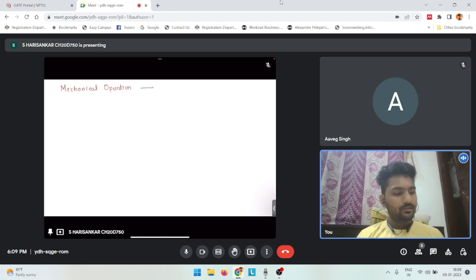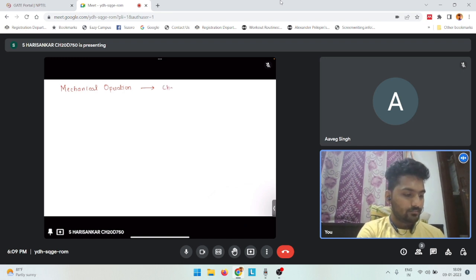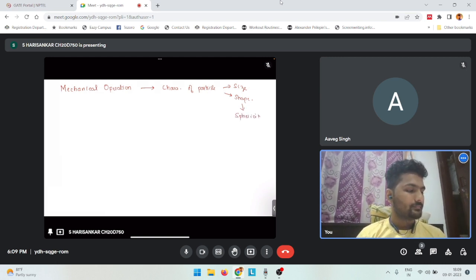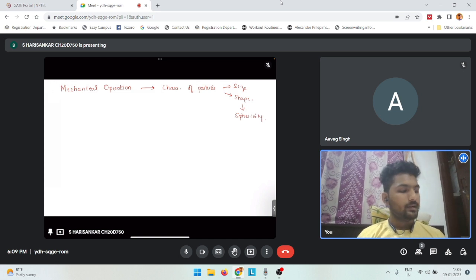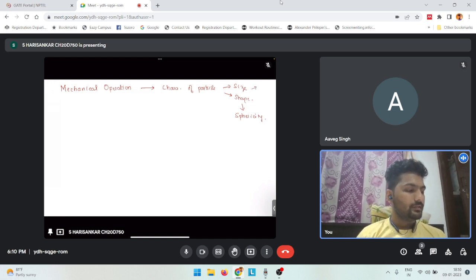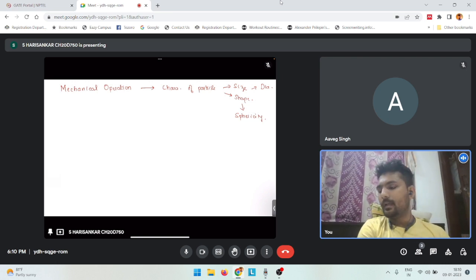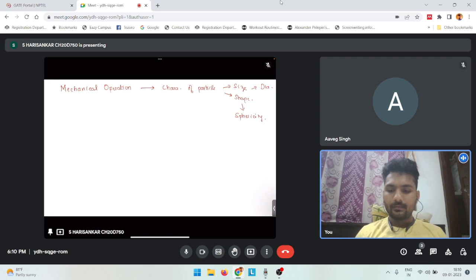So last class we were just starting with mechanical operations. What we did, we basically went to the basics of characterization of particle, which could be based on the size and shape of the particle. When we talked about the shape, we went through the basics of a term called sphericity. And when it came to the size, we went through the basic definitions of various kinds of diameters: mass mean diameter, volume diameter, Sauter mean diameter, and so on.